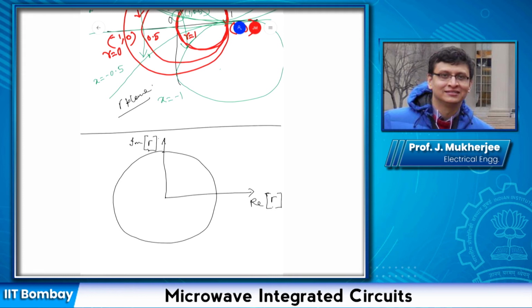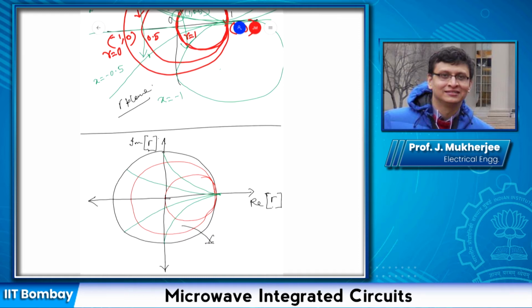Okay, so we can again draw the points. So all points inside the Smith chart correspond to passive devices. Okay.